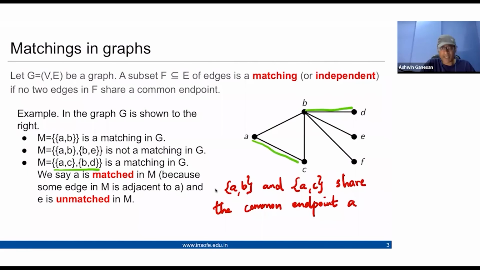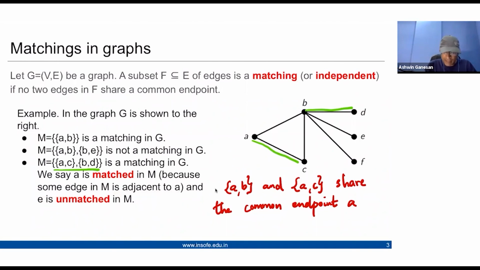And in this case, because the vertex A is in one of the edges in the matching, we say that A is matched in M. Whenever I mention something in a red color font, it means that I'm defining a new word. For a vertex to be matched in a subset M, there must be some edge in that subset which is adjacent or incident to the particular vertex.